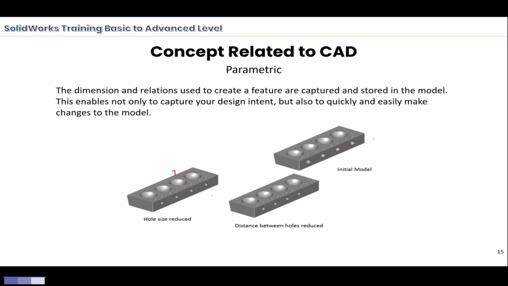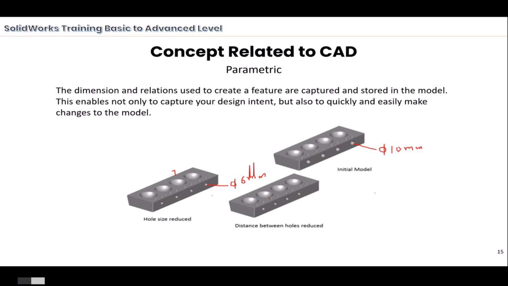We have added relations. You can consider this has a dimension of 10 mm, and later we realize that I don't need the size of 10 mm. I need to make a hole of 6 mm size.